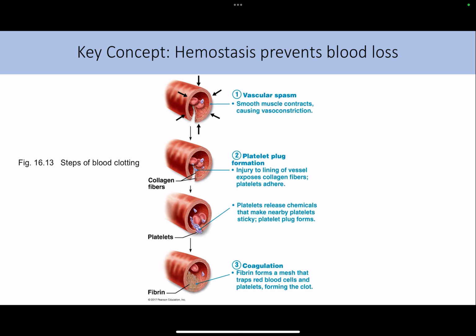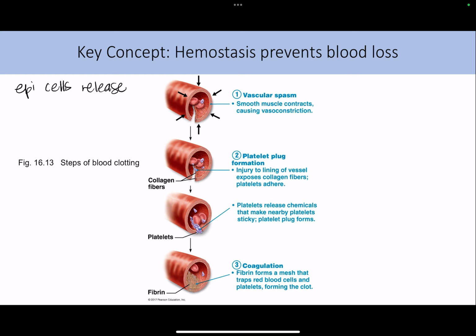Your blood vessels have different layers of different tissues. So the very inside is going to be epithelial. We have some smooth muscle. We have some connective as well. And so the epithelial cells in one layer are going to release a chemical signal that targets the smooth muscle. And what kind of signaling would that be if we have epithelial cells targeting smooth muscle cells that are right next to it?